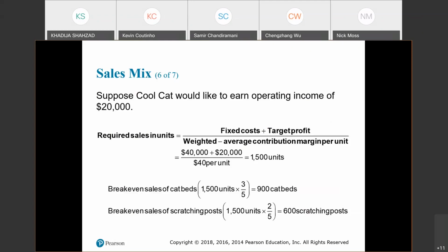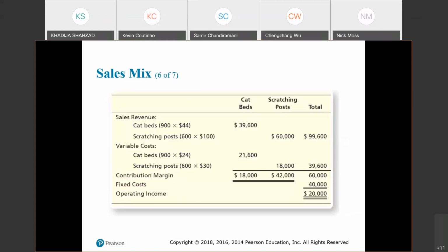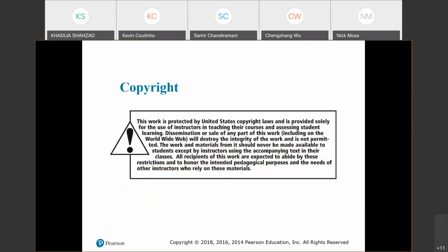Well, that's all of this chapter. I understand that there are a lot of calculations in this chapter, but the essential thing is only one or two things.